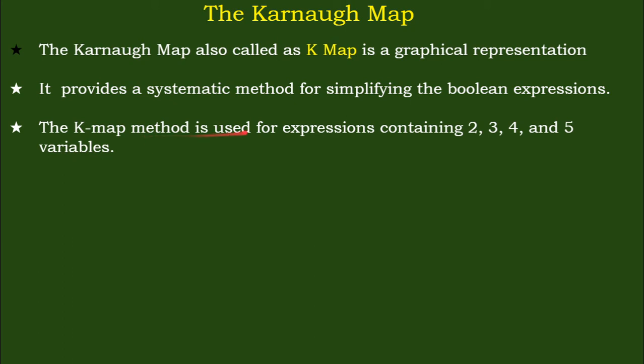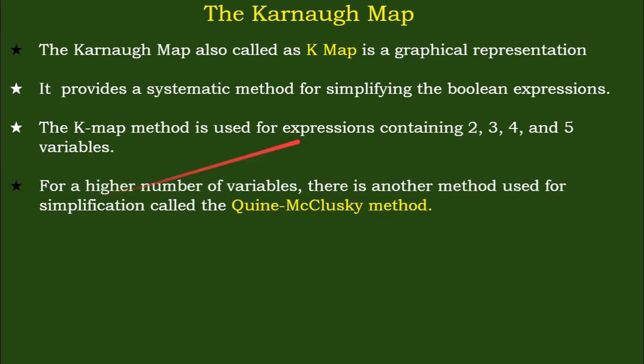The K-map method is used for expressions containing 2, 3, 4 and 5 variables. That means we can have the K-map method for 2 variables, 3 variables, 4 and 5 variables. Beyond that, we cannot use the Karnaugh map. For that case, we use the Quine-McCluskey method. This method is the tabulation method.